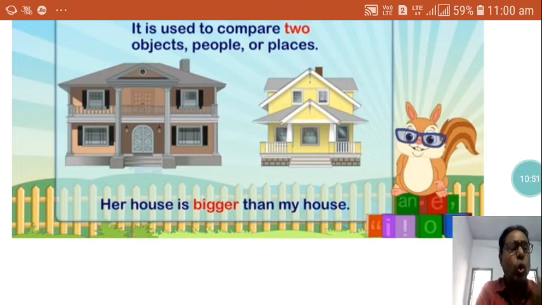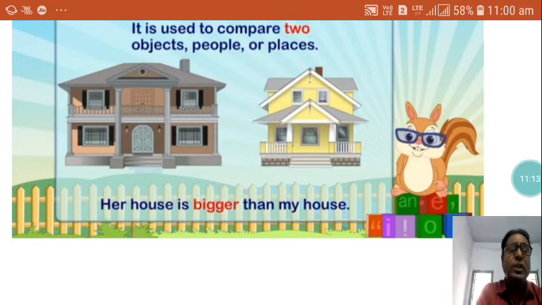Big, cold, strong, fat. These are one syllable adjectives. Such adjectives are changed into comparative by adding ER or EST.